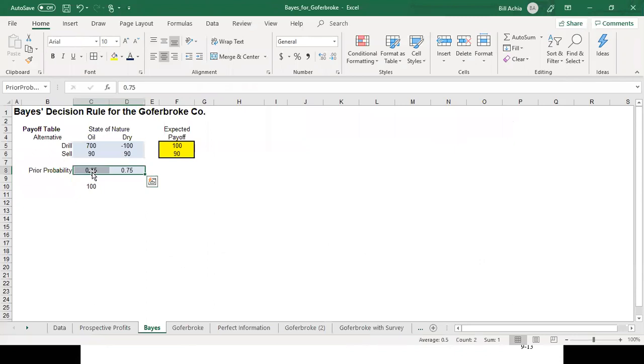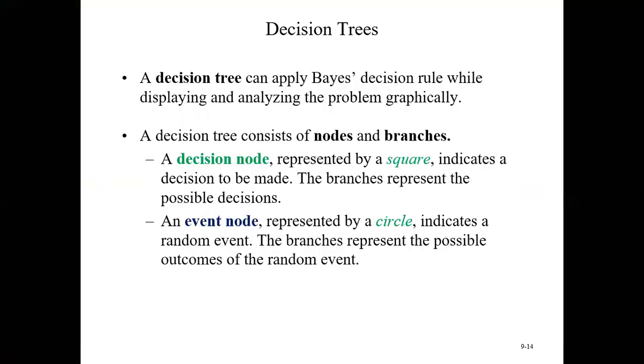Unless there's some information that can back that up, maybe from prior drillings, this is subjective, and it could lead to a situation where your decision making could be thrown completely off if that geologist didn't make the right decision. But it's a risk that you'd have to take because, again, we're operating in a situation of uncertainty and trying to come up with a solution, even though we know that our probabilities are subjective. Okay.